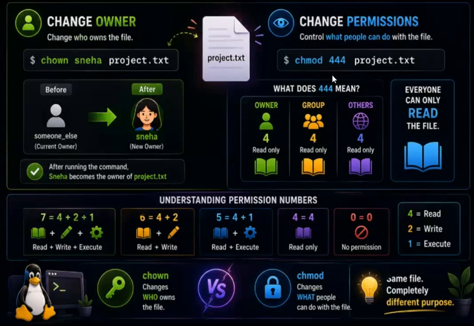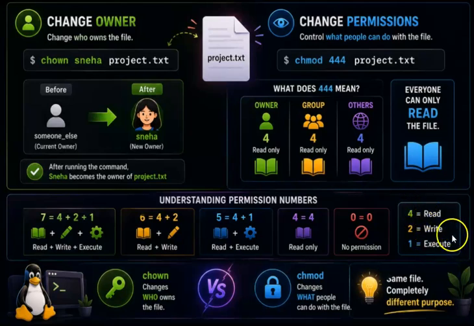As I have discussed in my previous video, you can see on the I button, Linux divides permissions into three groups. The first 4 is for the owner, the second 4 is for the group, and the third 4 is for the others. Now, what does 4 mean? Linux represents permissions using numbers: 4 is read, 2 is write, and 1 is execute.